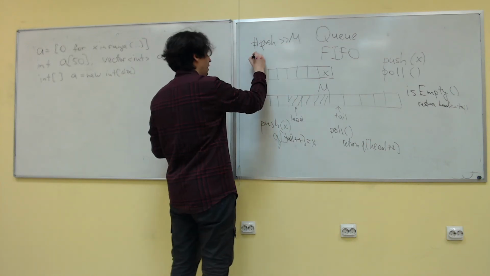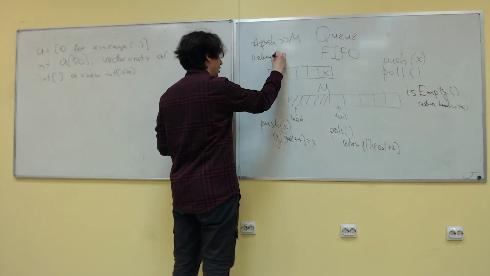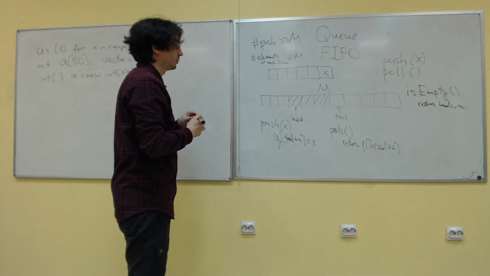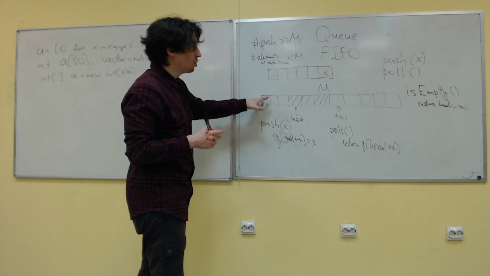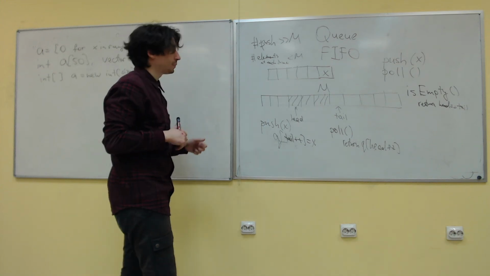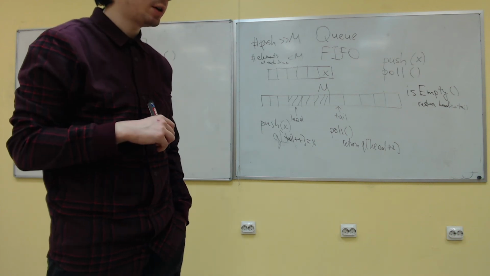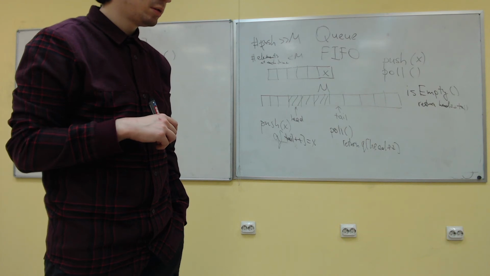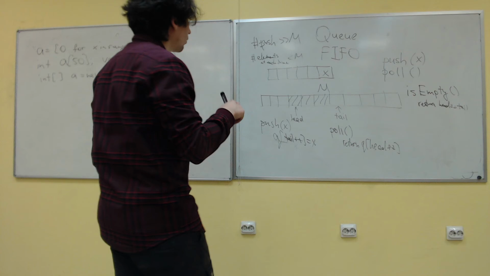However, you know that the number of elements at each time is less than m. The question is how to implement the queue using an array of size m. Does it mean that we also poll, so the number of pushes is high, but the number of polls is also very high? Yeah, the number of polls is also very high.